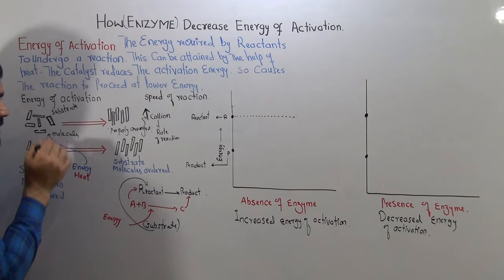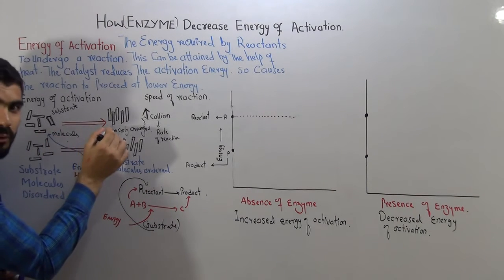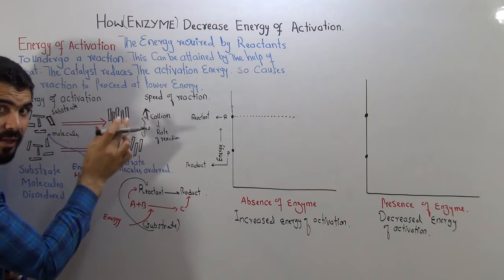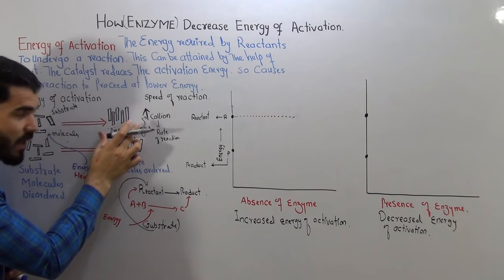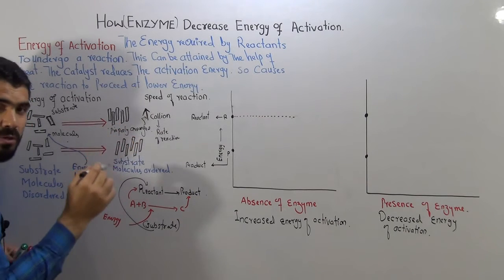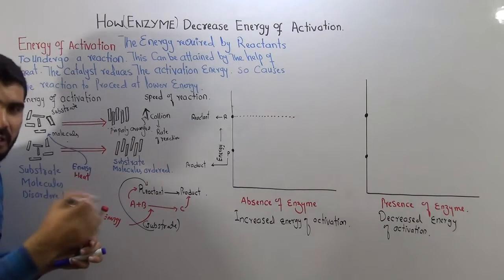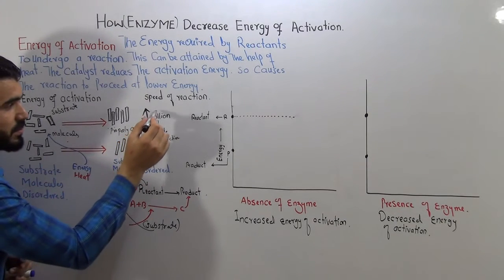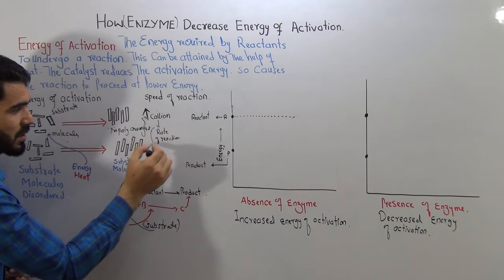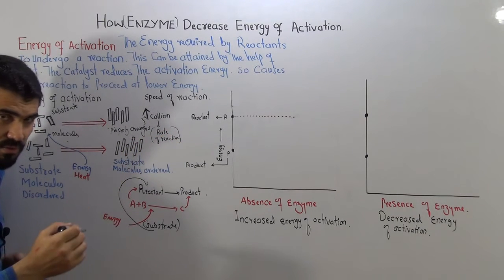When you provide a little bit of heat energy, the molecules attain a proper arrangement. Because of this proper arrangement, these molecules can collide very effectively. As a result of this effective collision, the reaction rate, means the speed, is increased.